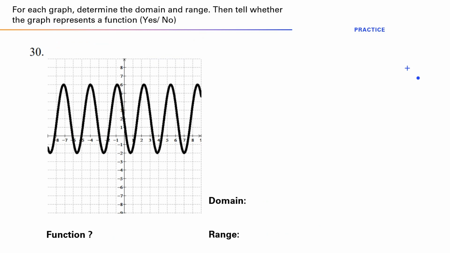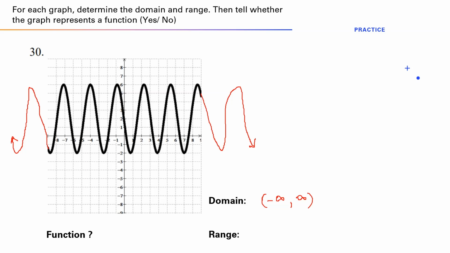Alright, so now for this one, we know that it will continue like that, up and down, right? Forever to the left, so the domain will be negative infinity, comma, the same for the right. It goes up and down like that forever, so that will be positive infinity for x, right?